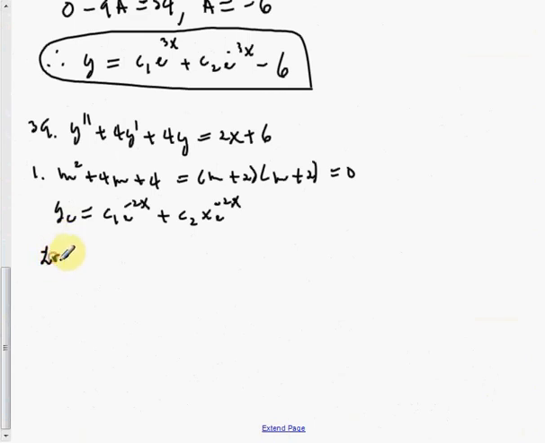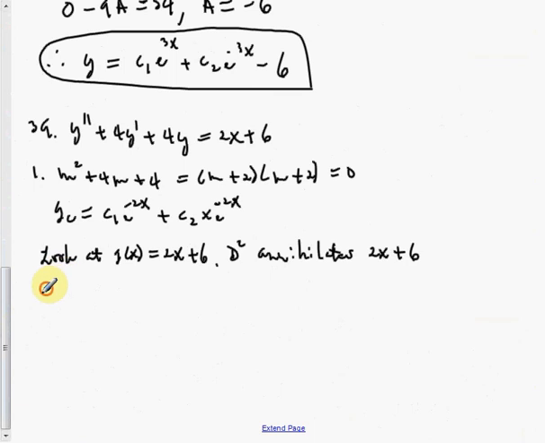Now look at g of x, which is 2x plus 6. What differential operator annihilates 2x plus 6? Okay, D squared. So D squared annihilates 2x plus 6.